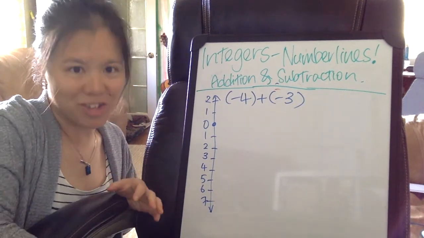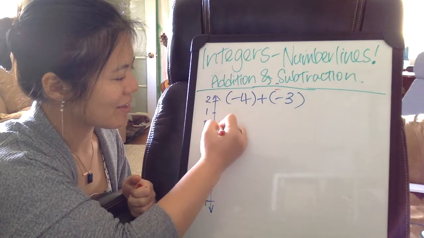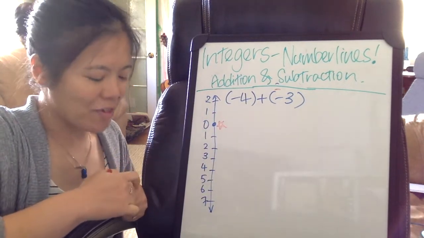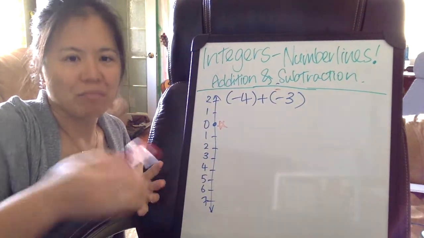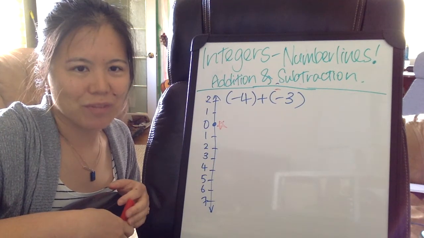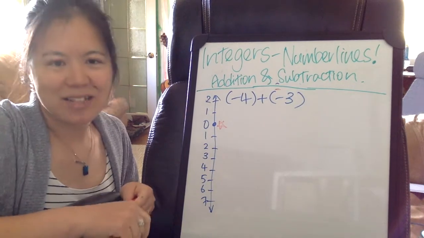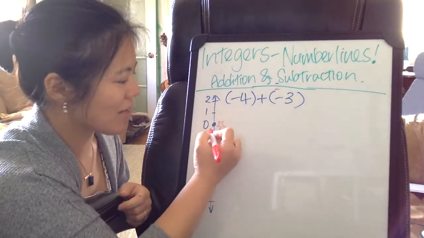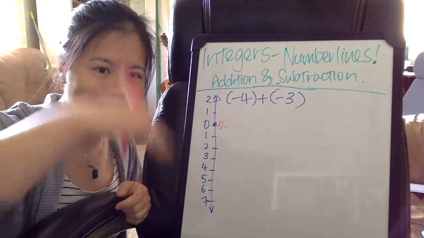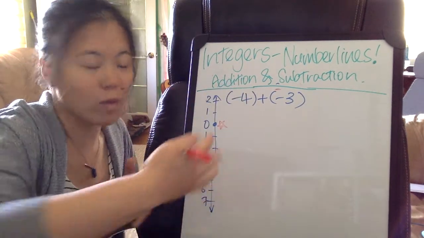Well, you always start at 0. This is where you start. And first, well, think of it as temperature. What do you think is happening with this equation? Okay, you started with 0. Overnight, the temperature went down to 4 degrees, so that means you go downwards and you take 4 steps.